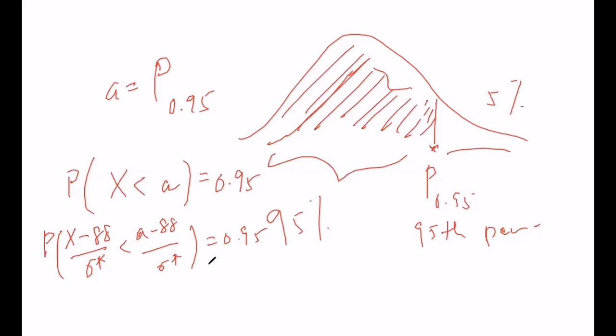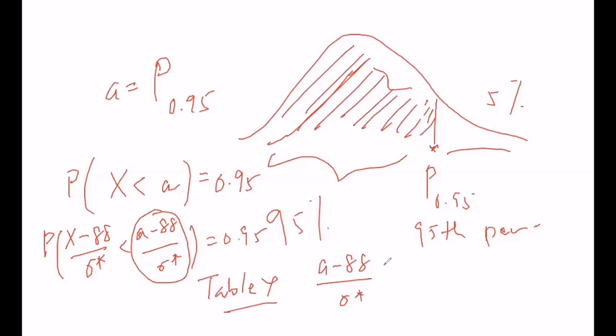When you look for the table, table 4, your (A minus 88) over this value will be equal to, so this is 0.95 on the left, but the table gives you on the right. So you have to look for the 5%. Let's look at the table.